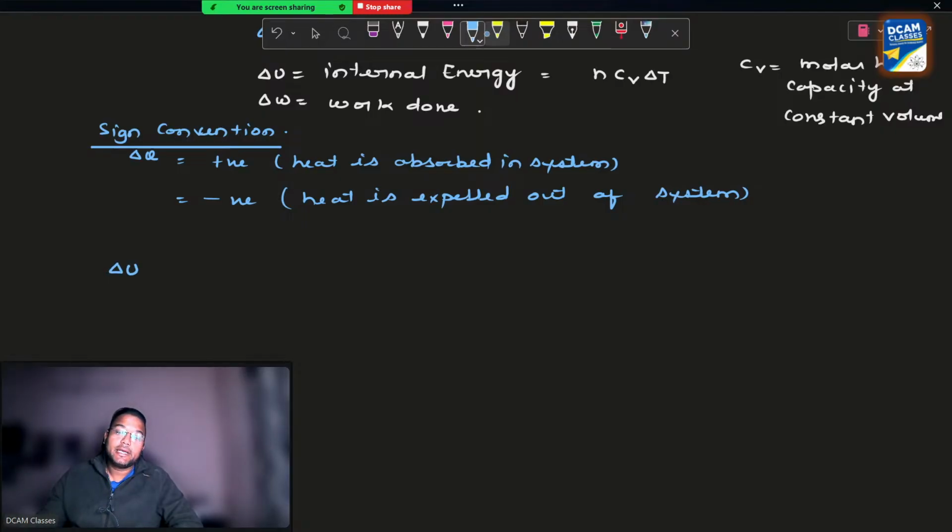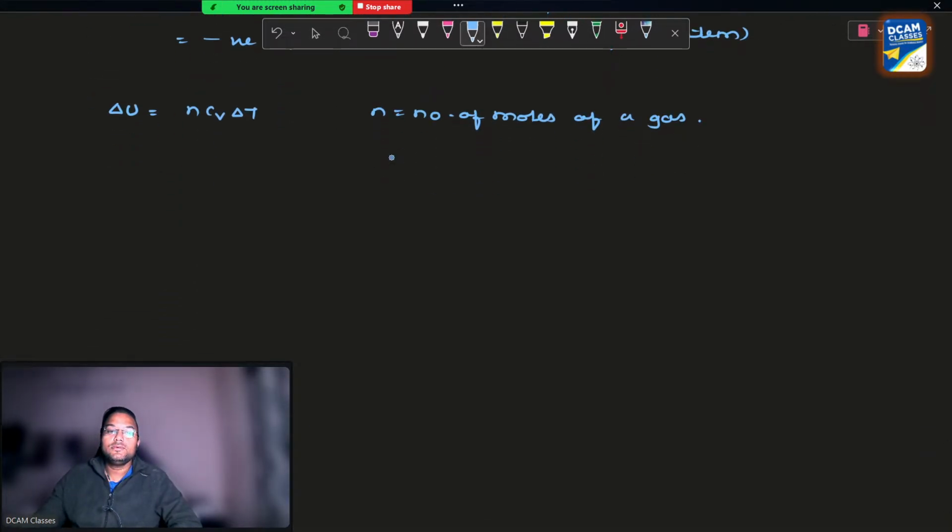Talking about delta U, I said it is nCv delta T, where n is the number of moles of a gas. Cv, I'll tell you, I'll give you the value of C for different type of gases, Cp, Cv and all.